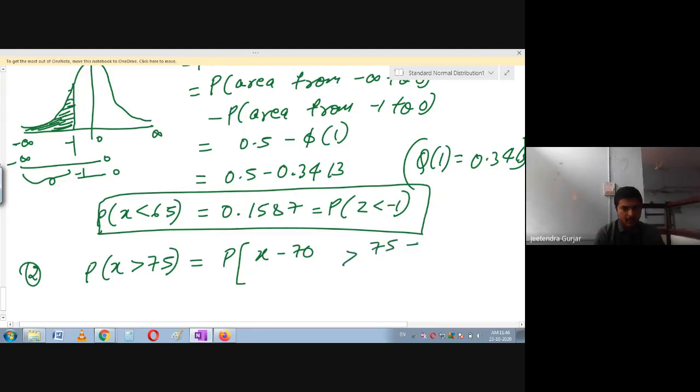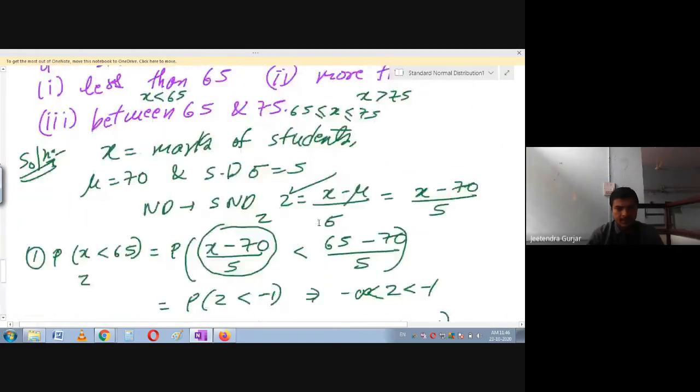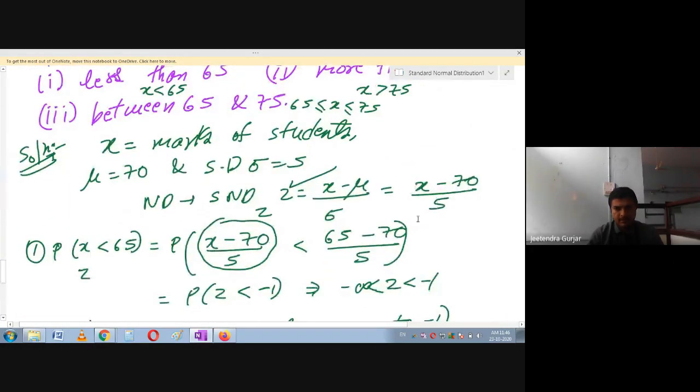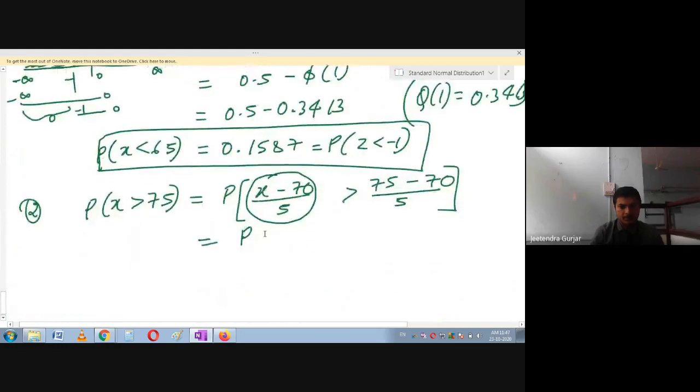X is 75 minus 70 divided by 5. Divided by 5 on both the sides. Now you can see this full value is our z. I think here I have written c. Where is that? Yes, this is z equal to x minus 70 divided by 5. Therefore, substitute here: z greater than 75 minus 70 divided by 5 is how much, students?